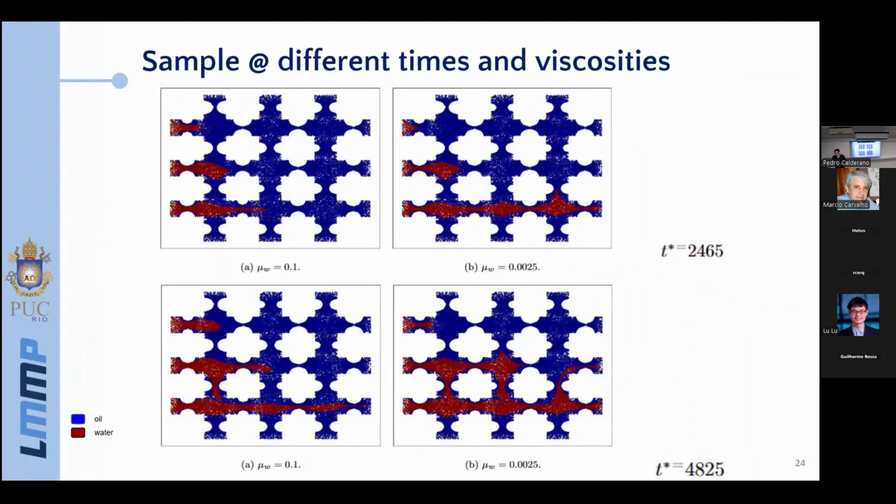But what's interesting here is not to see how quick or slow the invasion is, but to see that at the percolation point, the distribution of water and oil is different.